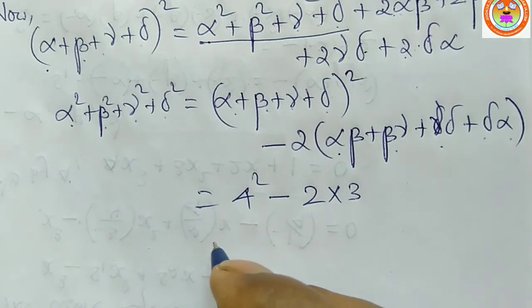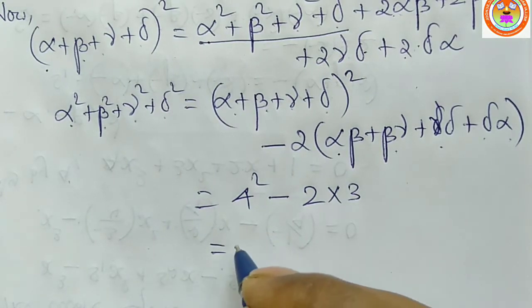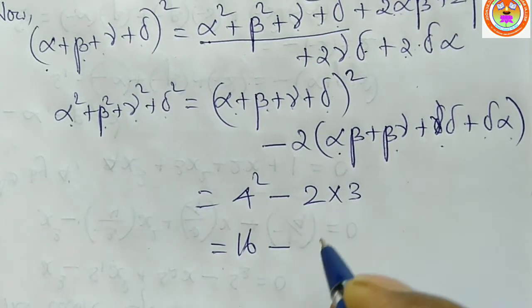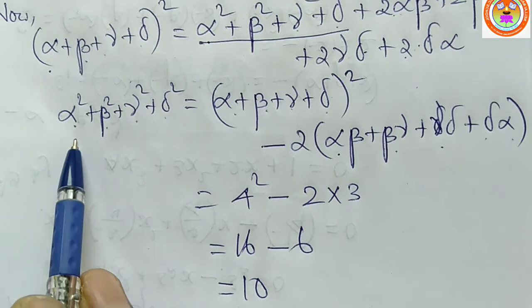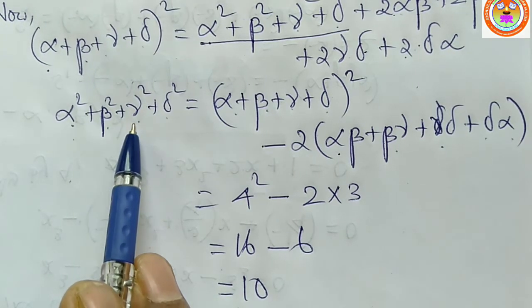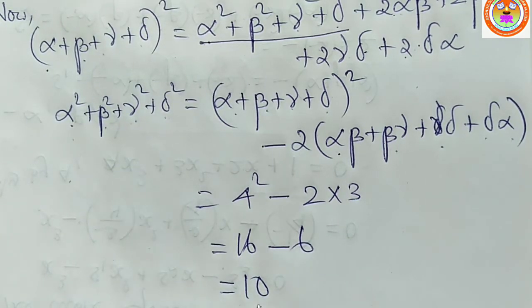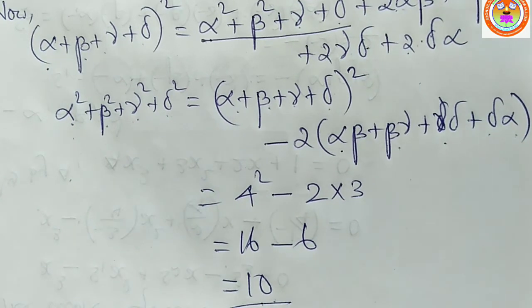Therefore, 4 square. 4 square is 16. 2 3s are 6. 16 minus 6 is 10. Therefore, alpha square plus beta square plus gamma square plus delta square is equal to 10. Our aim is to find only the sum of squares of the roots. So we find out the sum of squares of the roots. This is the answer. Okay?